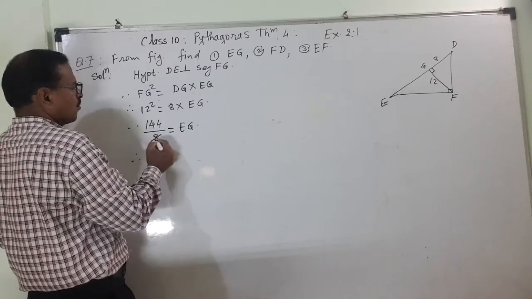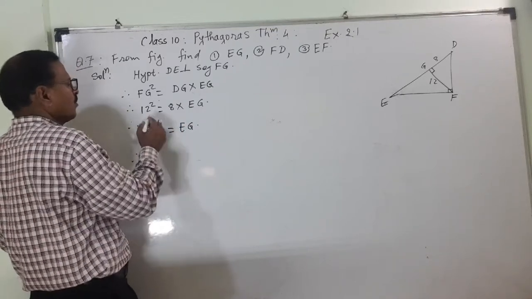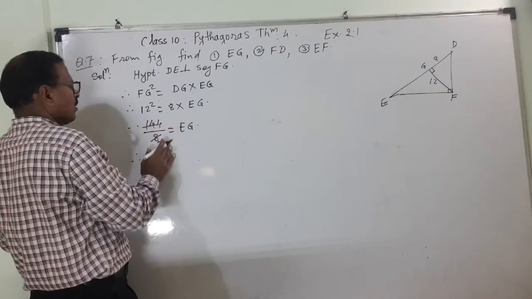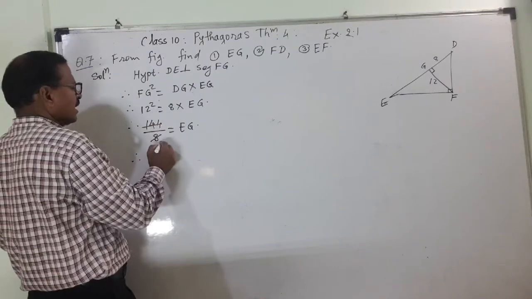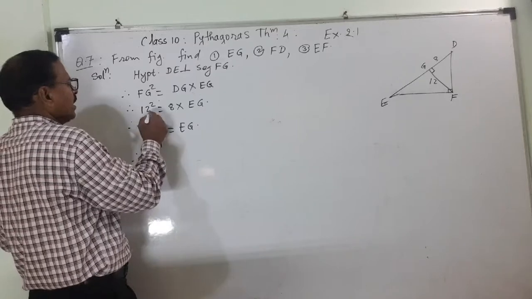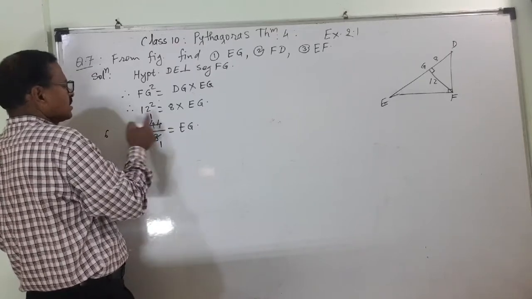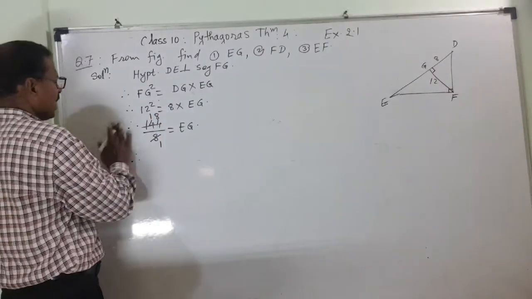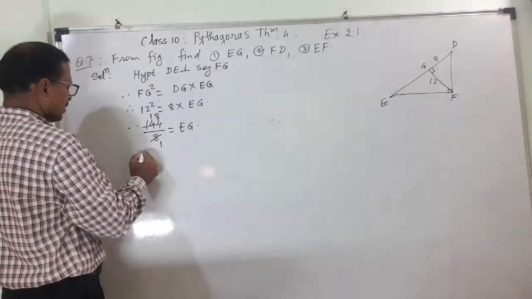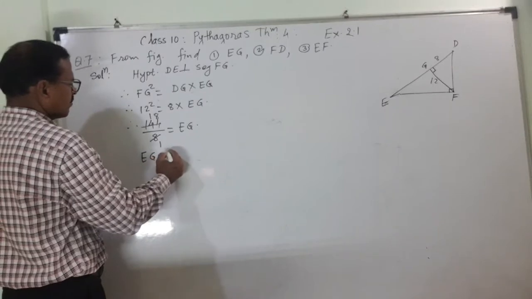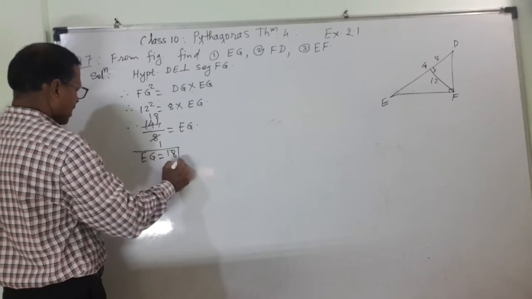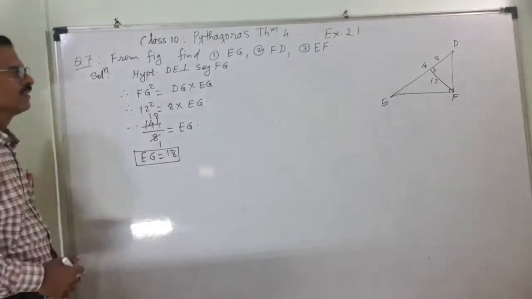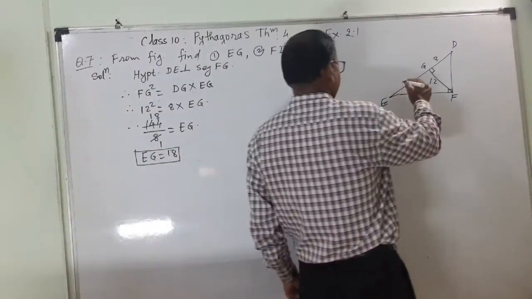Therefore, 8 ones are 8, 8 sixes are 48, take this 4, 64, 8 8s are 64 and EG is equal to 18. This one part is over. EG is 18.